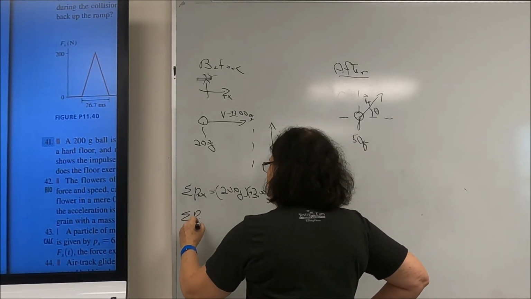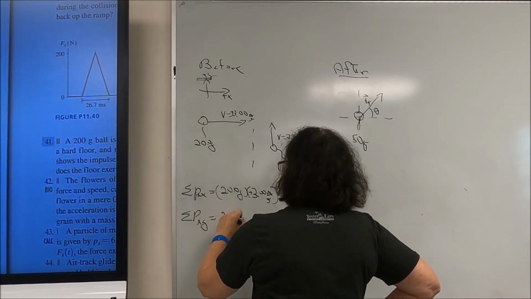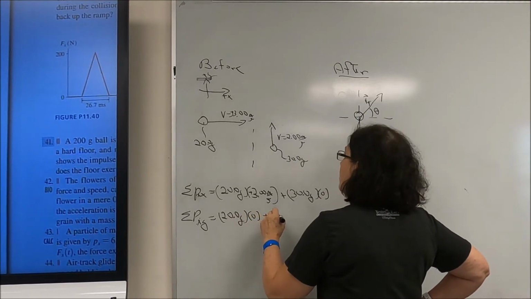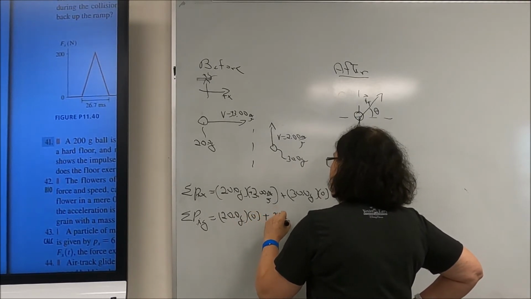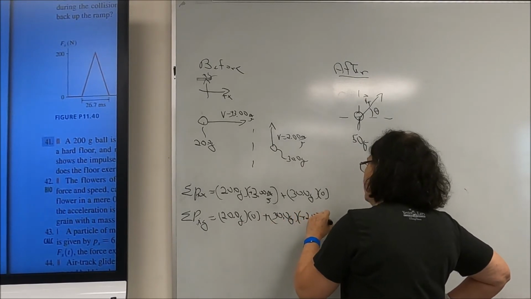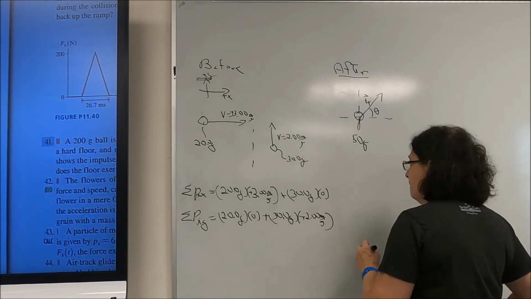The sum of the momentums initially in the y direction is just going to be 20 grams times 0 plus 30 grams times a plus 2 meters per second. Okay?